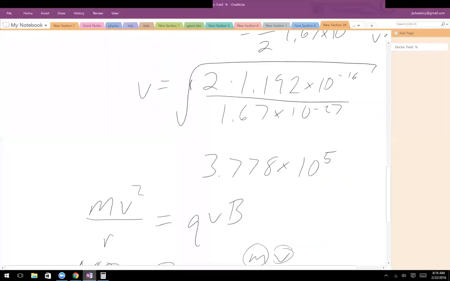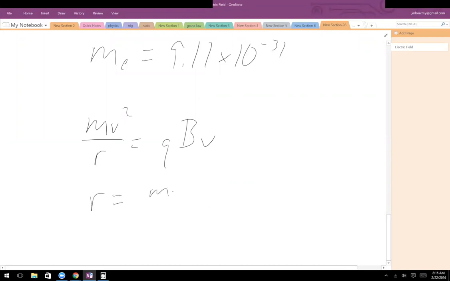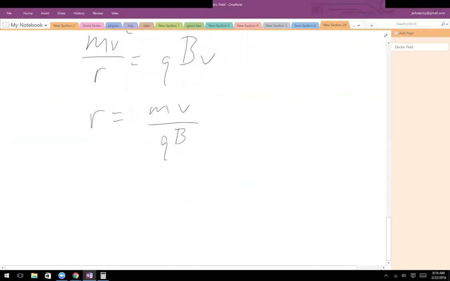So, going back over here, we got mv squared over r is qvB. We're trying to get r, so r would be mv over qB. Right?